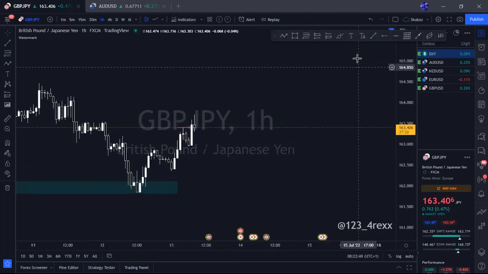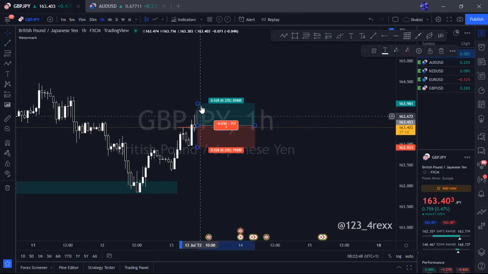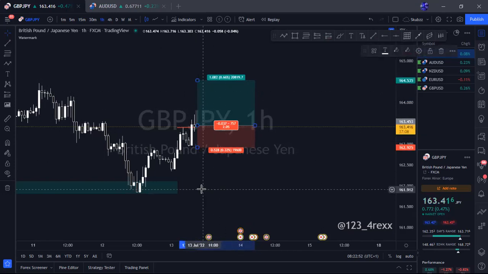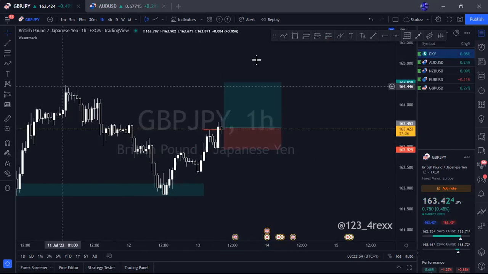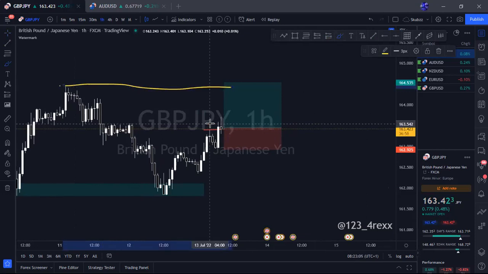But then we have had a break of structure, and normally when it comes to short retracement, you can enter at the close of the candle and target a 2RR. Honestly, this pair has the 2RR just around these levels here. So it's a bit tricky, but you can try it and see.